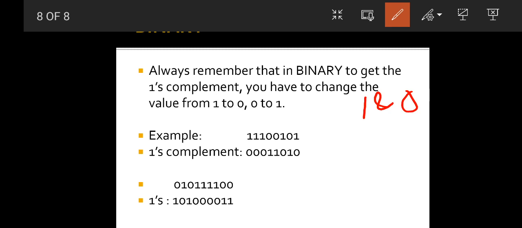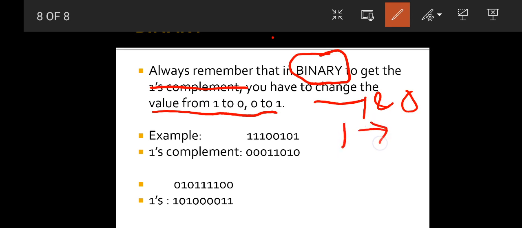Always remember that in getting the ones complement of your binary, you just have to change the value from 1 to 0 and 0 to 1. It's not the radix, it's the diminished radix complement, you just have to change the value 1 to 0 and 0 to 1.